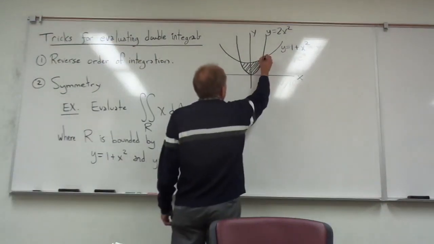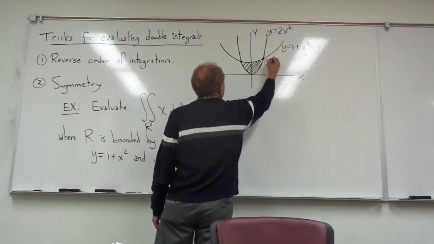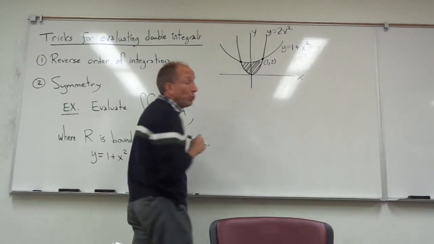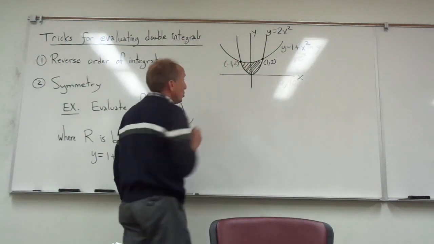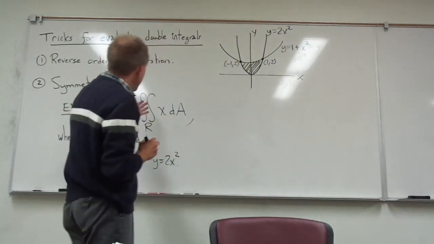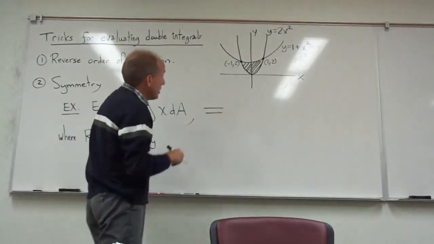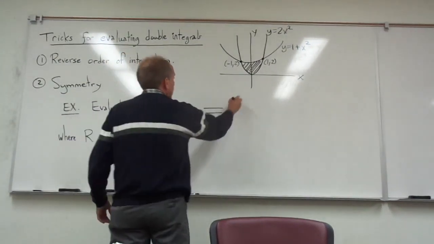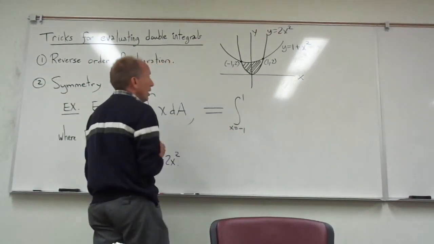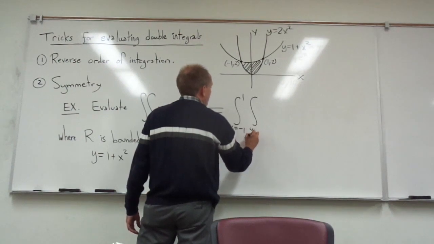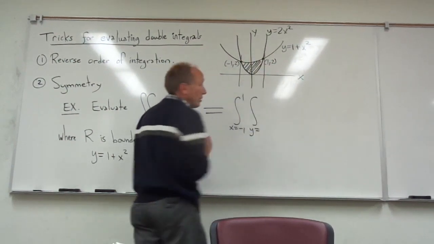The place where these graphs cross, we can figure out where these points are. This is going to be the point 1, comma 2. And this is going to be the point negative 1, comma 2. So, for example, I could evaluate this double integral by setting up my limits. I could integrate x from negative 1 to 1. So in other words, here's x equals negative 1, and here's x equals 1.